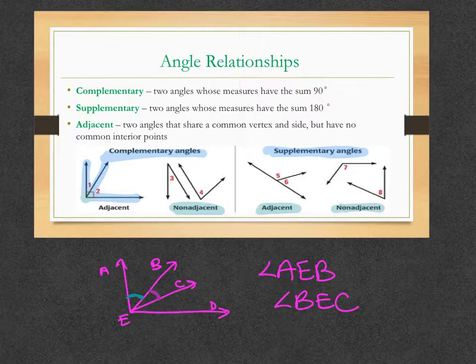Are those adjacent? Yes. Yes. What if I change this to AEC? Now AEC is this full angle. So is that and AEB, are those adjacent? No. They share a vertex, they share a side, but they overlap. Does that make sense? They cannot overlap.